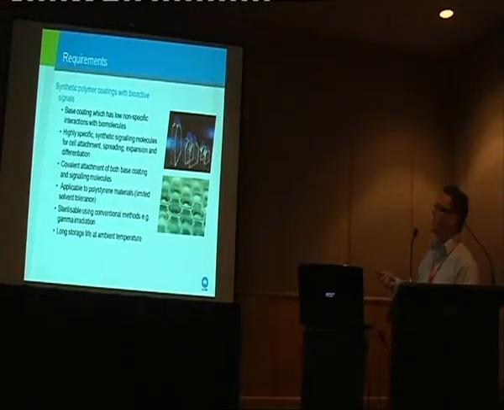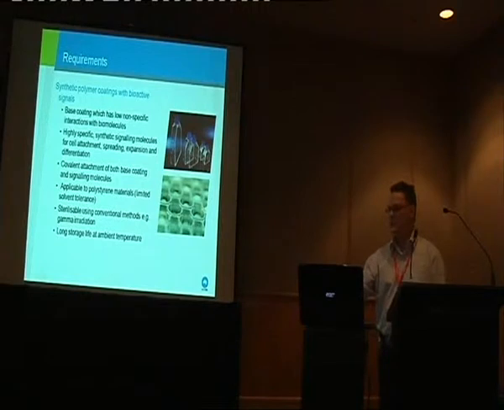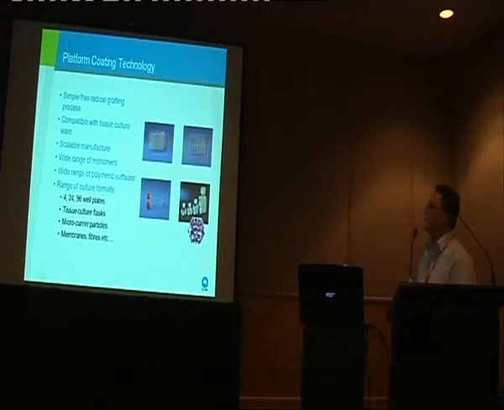We want to be able to covalently immobilize both the base coating and the signalling molecules. We want the coating method to be applicable to the sort of materials that people are using to expand cells. Most of those are polystyrene. Also sterilizable using conventional methods like gamma sterilization, and a long storage life at ambient temperature. So there are some of the requirements.